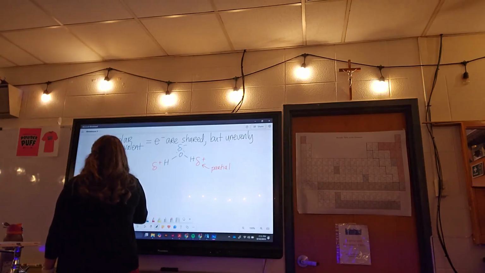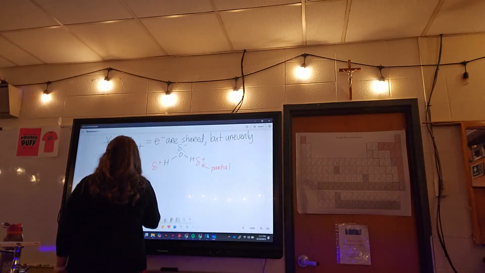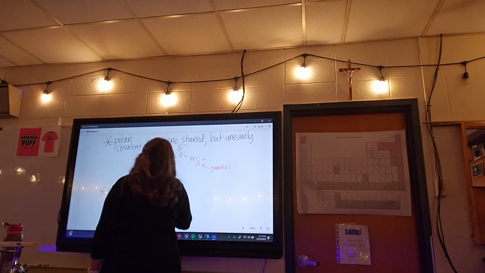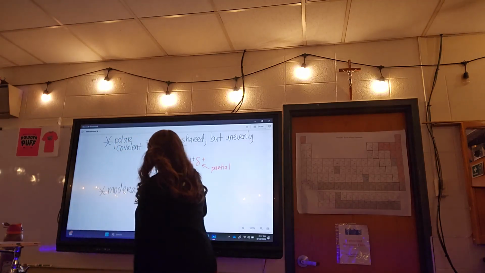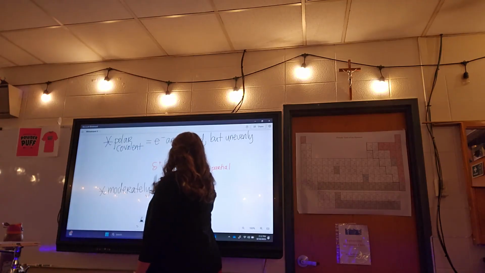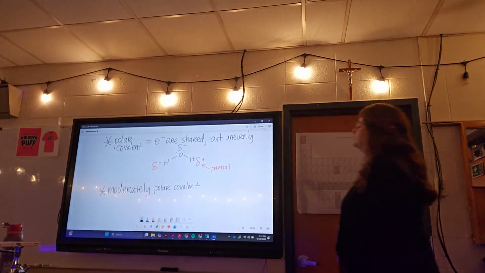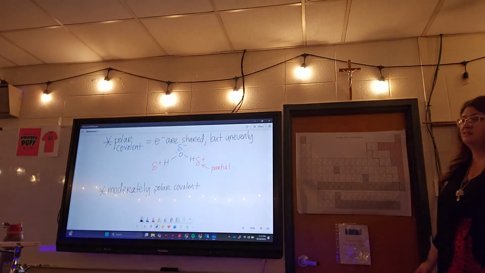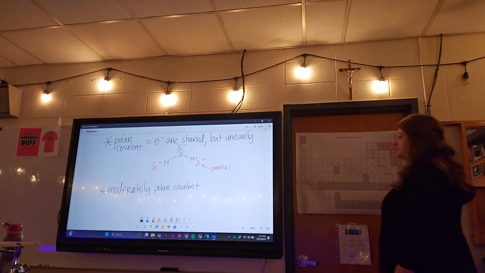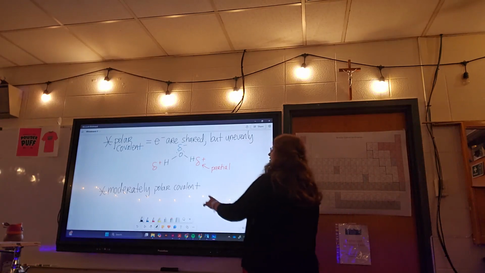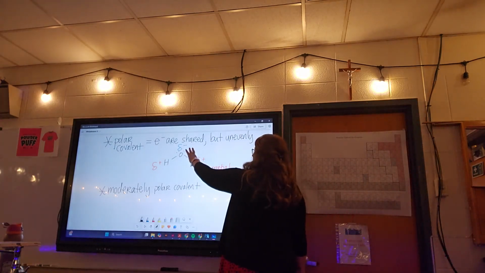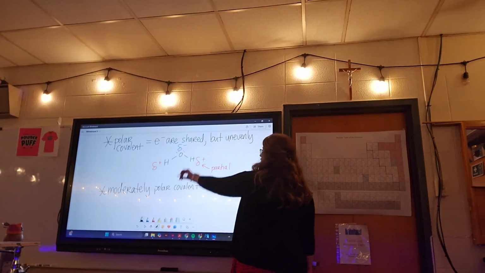And then there's moderately covalent. Sorry, I forgot a word in there. Moderately polar covalent. Got ahead of myself. Which is what it sounds like. So it's a little bit less of an unequal sharing than polar covalent.